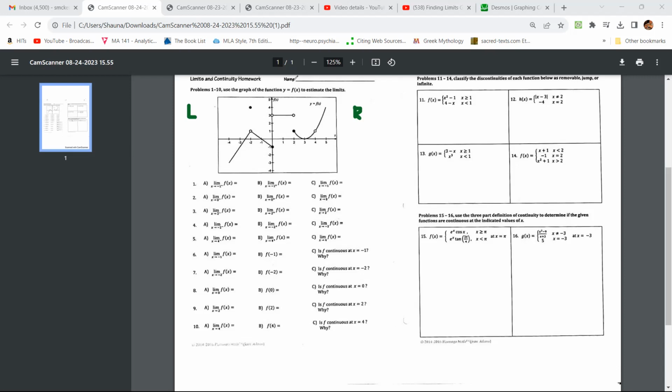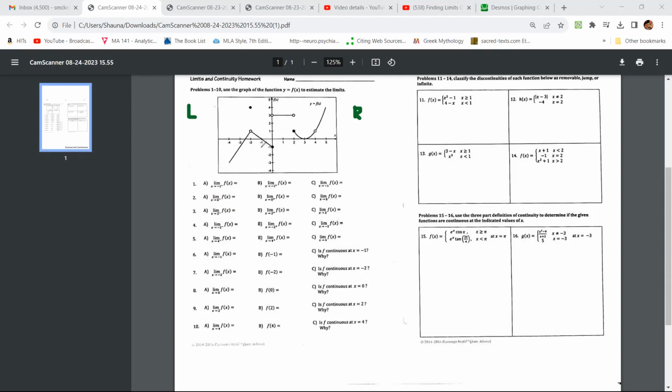So first, find whatever this number is, find it on the x-axis. So that's this point right here. I'm going to mark it. I wouldn't suggest that you mark every single one, I'm just going to do it for the sake of clarity.